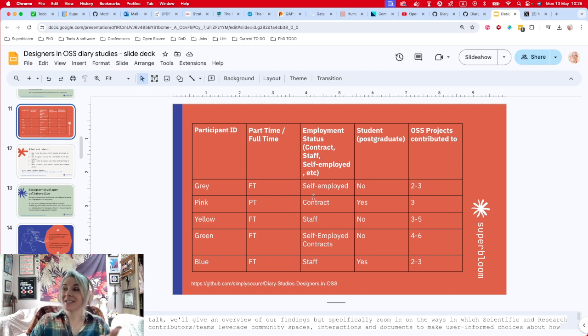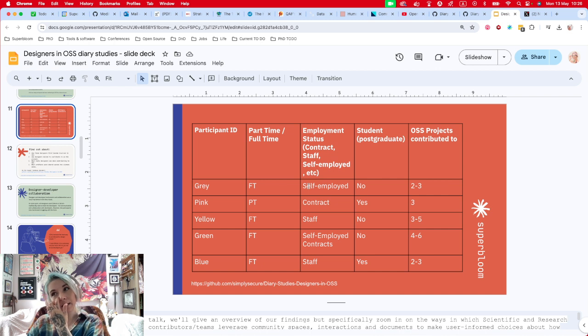This is their employment status, regardless of whether it's at an open source software organization or not. So this describes the nature of their socioeconomic situation, let's say, which is important when we're thinking about contributions to open source, since contributions to open source are so often seen as not reimbursed in many ways. So typically they're volunteer contributions that are made.